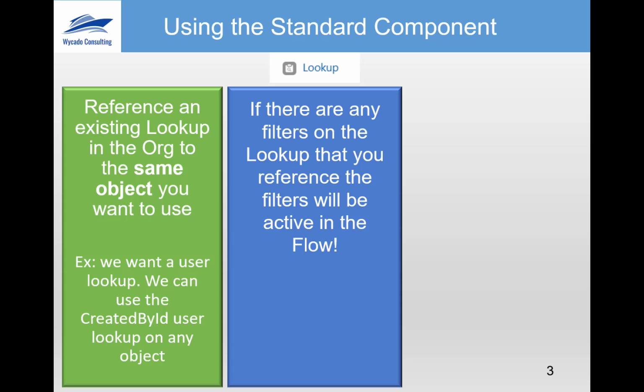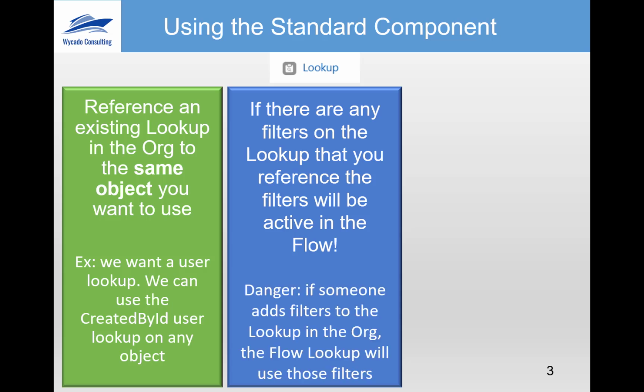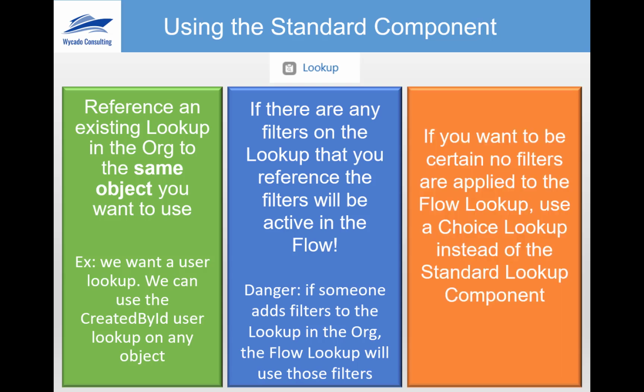Now, if there are any filters on the lookup that you reference, the filters will be active in the flow. Danger. If someone adds filters to the lookup in the org after you build the flow, the lookup is going to use those filters. If you want to be certain no filters are applied to the flow lookup, use a choice lookup instead of the standard lookup component.